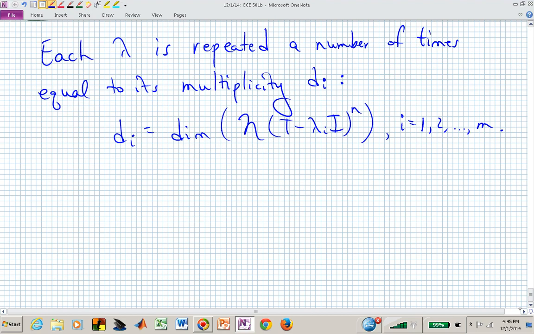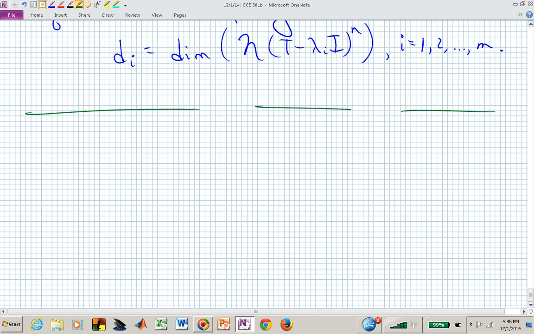Let's look at an example of this relative to a basic case in terms of this structure of being diagonal or upper triangular. Suppose we let the matrix representation of T be 5, 1, 0, 5.